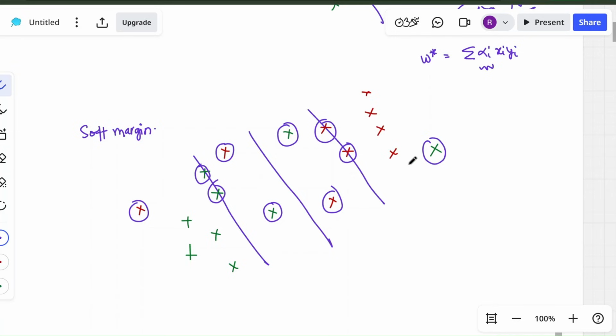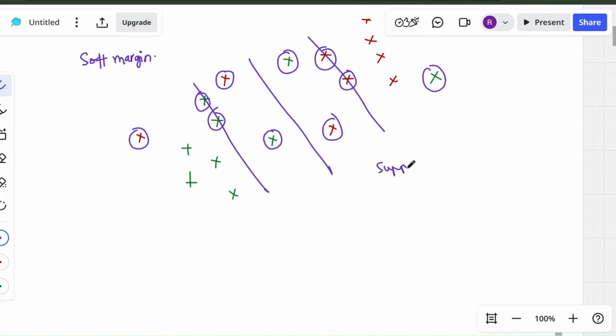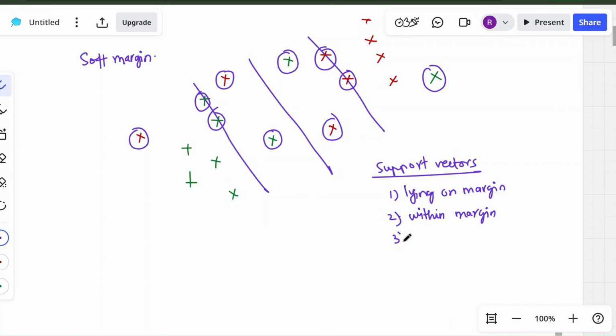So these guys, whatever I circled, in this case, support vectors are, first of all, lying on the margin, or within the margin, or if it is incorrectly classified.